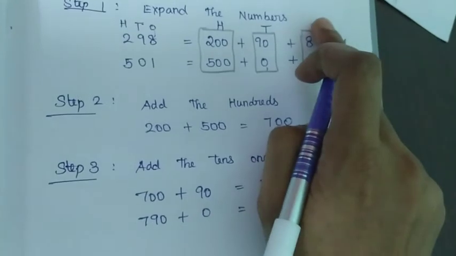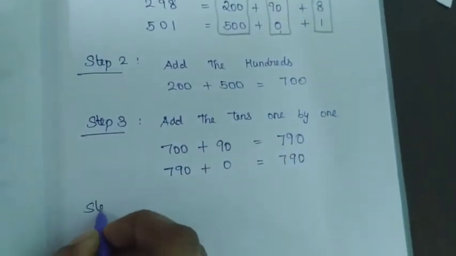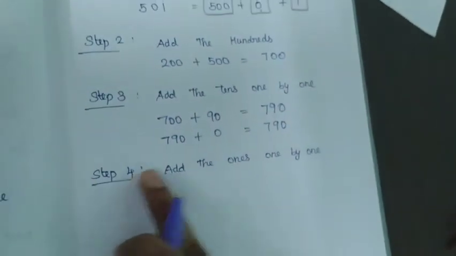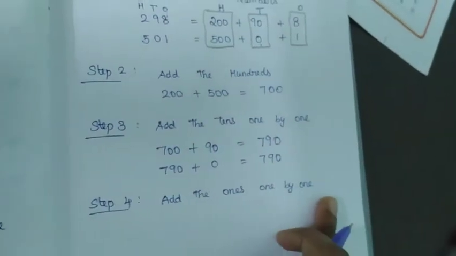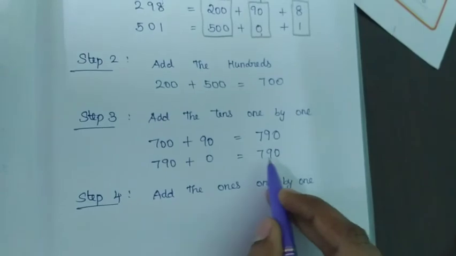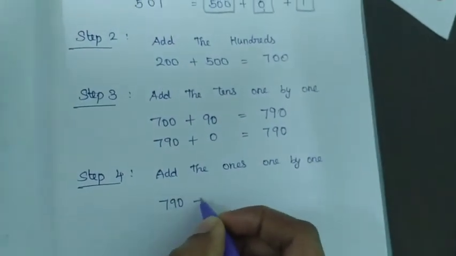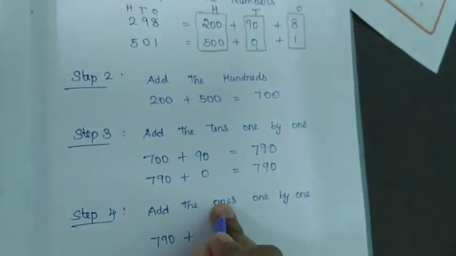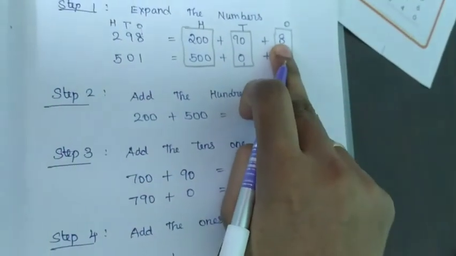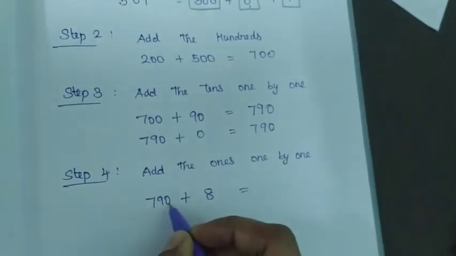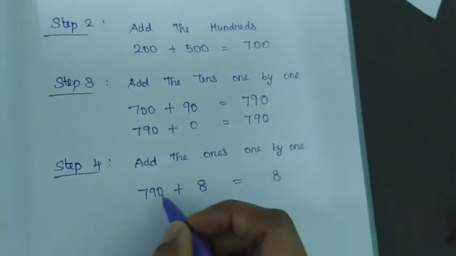Okay? Now we want to add the ones. So put step 4. Write step 4, add the ones one by one. Okay? Now what is the final answer, ma? 790. So put 790 plus, now we want to add the ones. So what is the first ones? 8. So put 8 plus 8. Okay? 0 plus 8, 8.